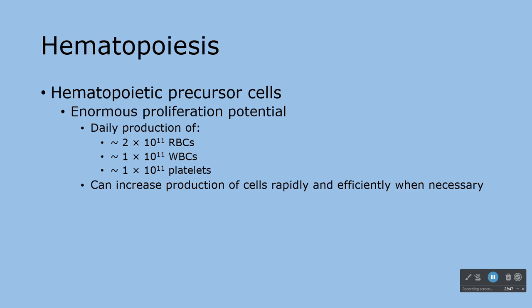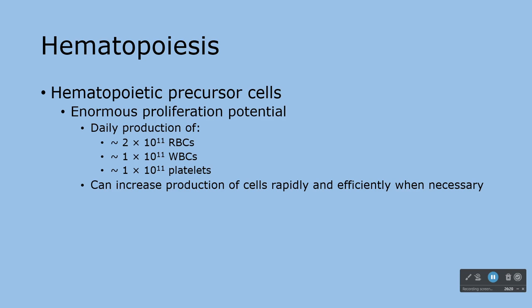Million, billion, trillion. Yeah, 100 trillion. Okay. So 200 trillion RBCs a day is how much our body makes. White blood cells about 100 trillion, and same thing for your platelets. Okay. It's a big deal. That's a lot of cells that the body has to make. So, of course, it can increase production based off of your body's need because of the efficiency that our body has.